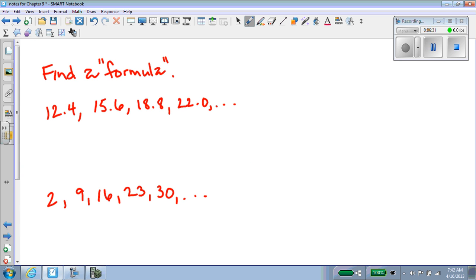So what we say is the formula for an arithmetic sequence, a sub n is equal to dn plus, and I like to call it the a sub 0 term, the term that came before the first one. So it looks a lot like a linear equation.